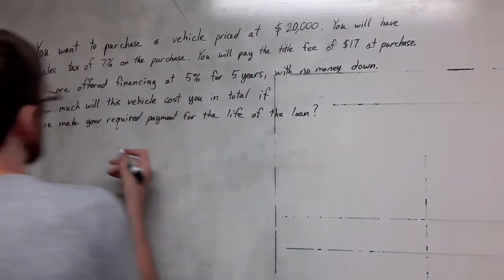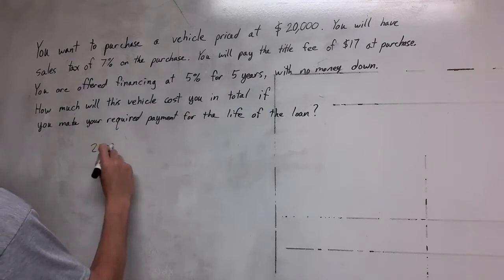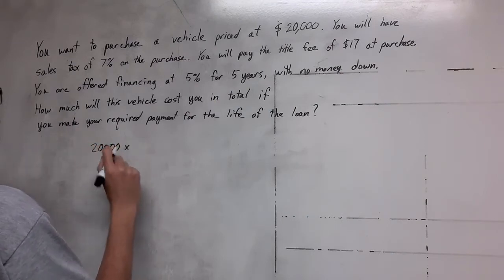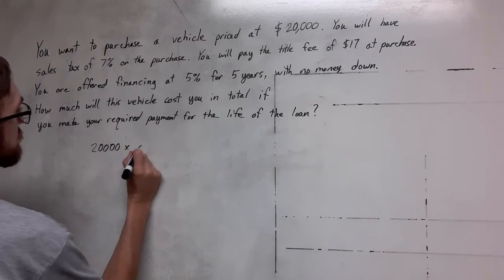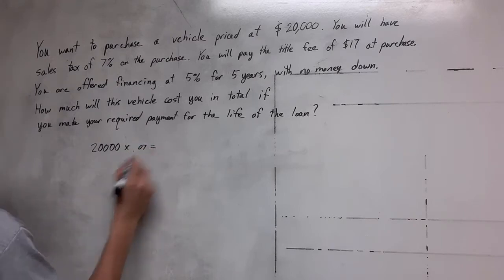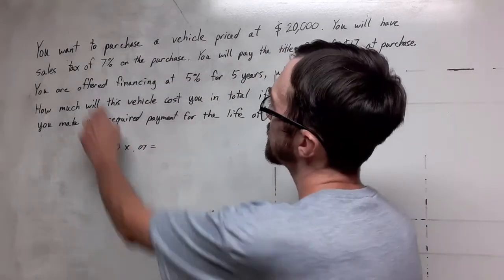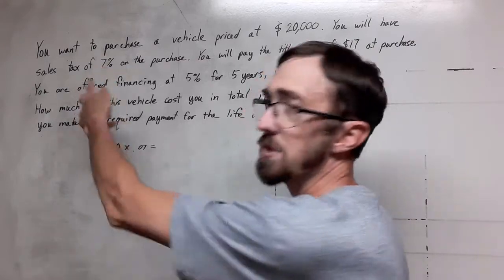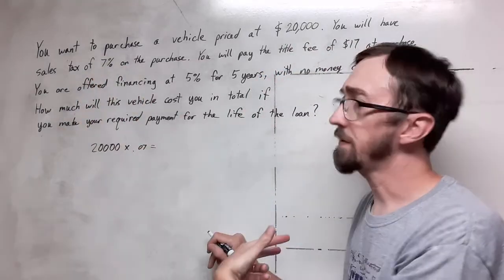We're going to start with the $20,000 here, and we're going to multiply that by 0.07 to find the tax that we owe. It's 0.07 because this is 7%. Percent is parts of 100.